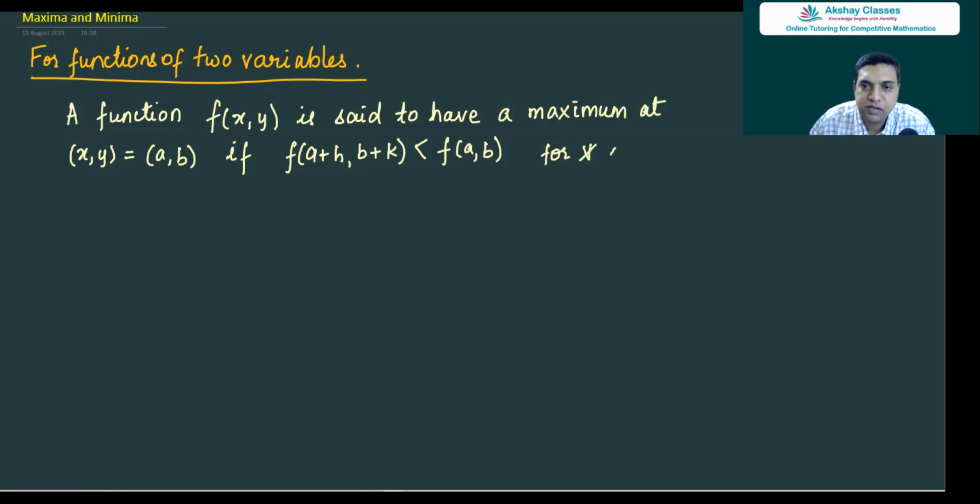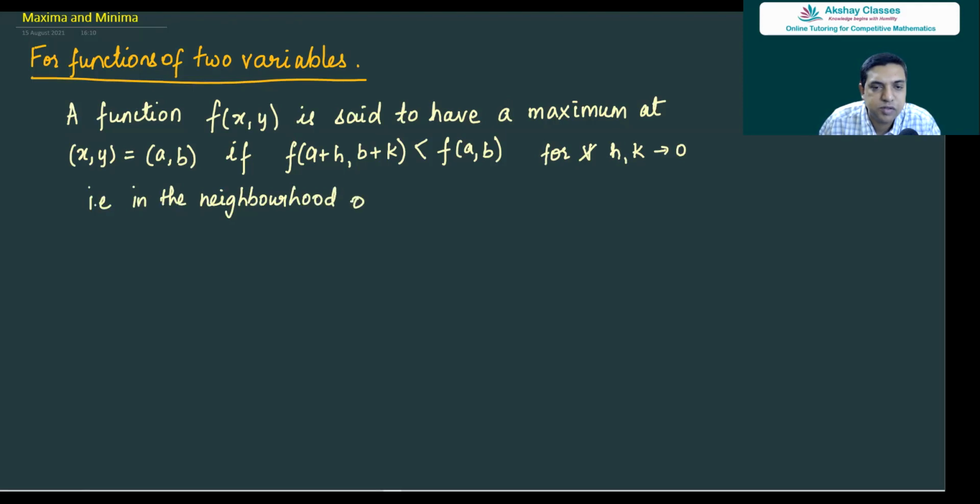for all h comma k approaching 0. That means in the neighborhood of the point a comma b, f of a comma b is the largest value.